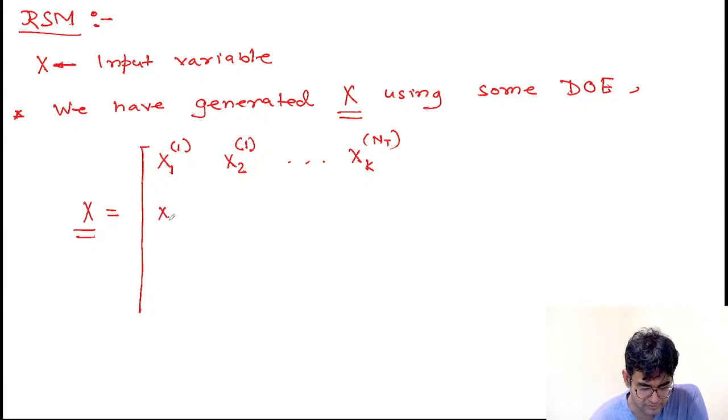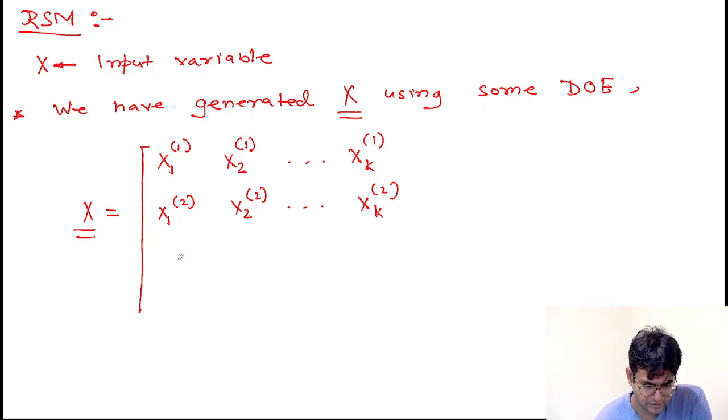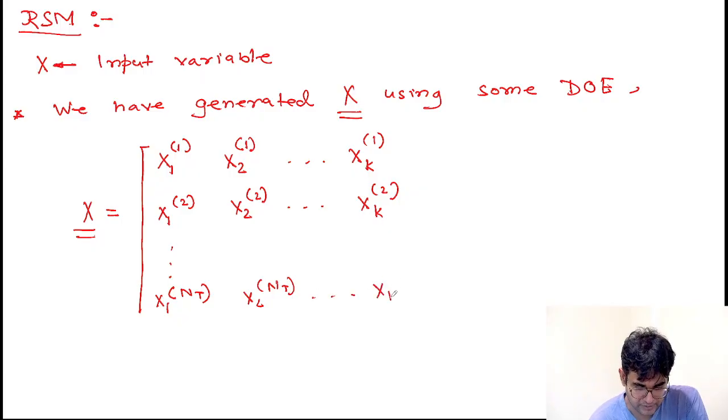The next will be x1 2, x2 2, xk 2, and then x1 nt, x2 nt, xk nt.